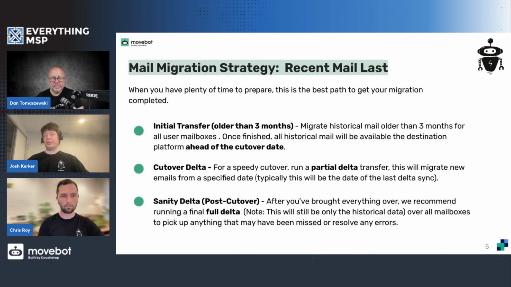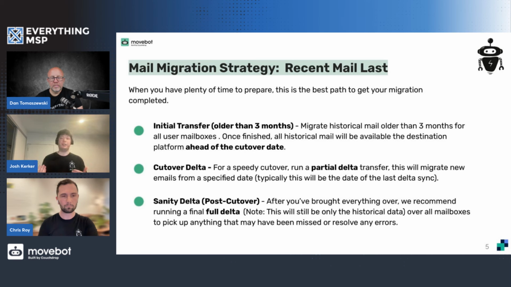Yeah, the strategy for this one is an initial transfer up to the last 90 days, and then we will do a cutover delta. These cutover deltas should be much quicker. The first delta, depending on how large the mailboxes are, could be a couple of days, could be a week, depending on how much data you're moving.